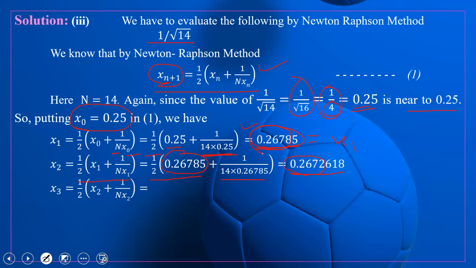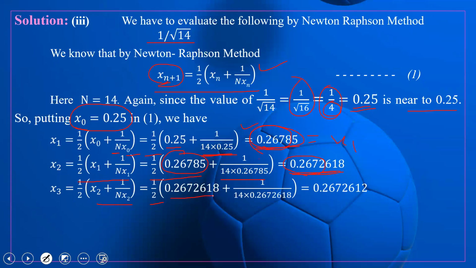Similarly, if you find x3, what is x3? It is 1 upon 2 times (x2 plus 1 upon n x2). We substitute the value of x2 and we are getting 0.2672661, up to 6 decimal places.